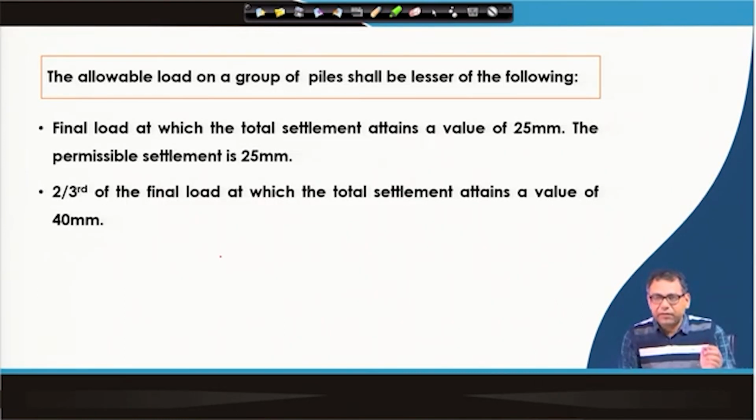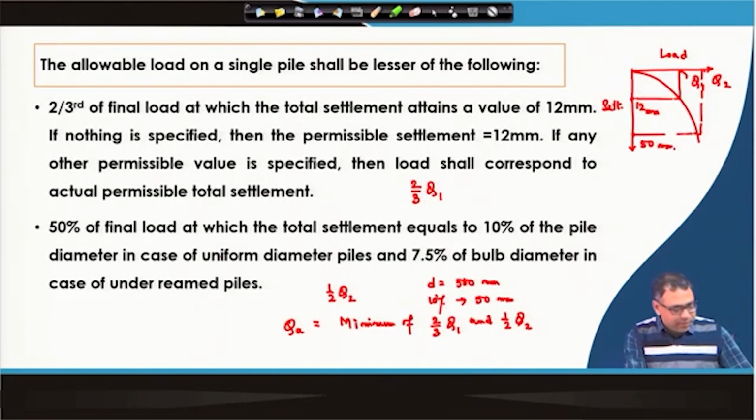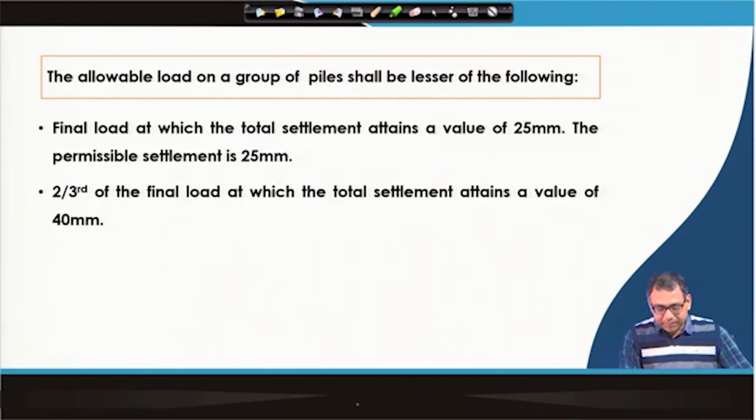That means we will take the full load corresponding to 25 millimeter and 2/3 of the load corresponding to a settlement of 40 millimeter, and the minimum of these two will give you the allowable load carrying capacity of the group pile. So, the initial criteria were for the single pile, and this is for the group pile.